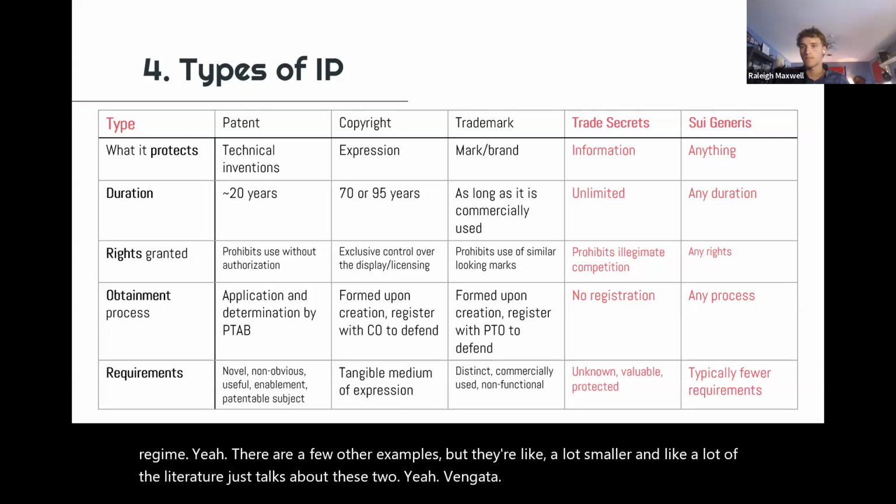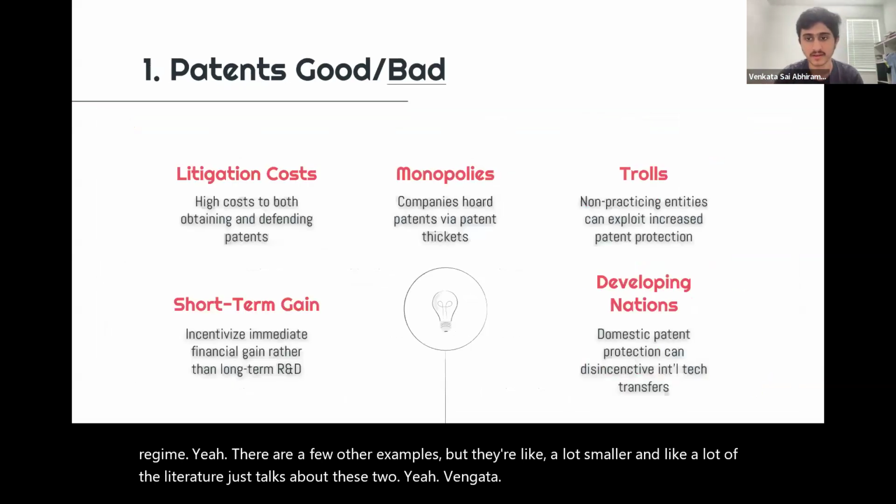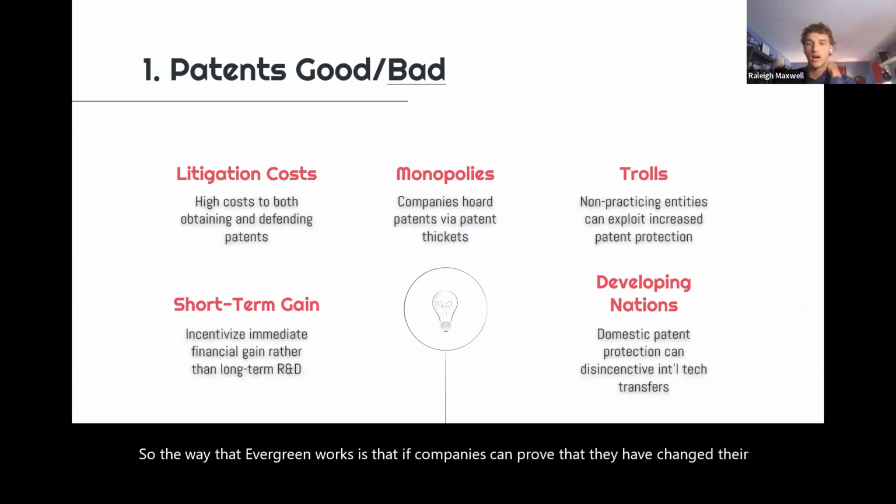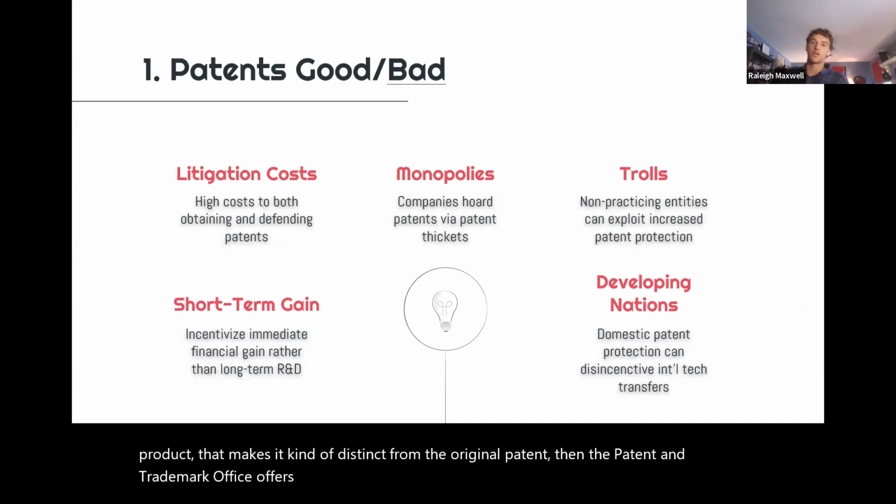Yeah, Venkata. One question I have is about the evergreening stuff. What prevents other companies from just selling the old version? How does evergreening work? So the way evergreening works is that if companies can prove that they have changed their product, making it distinct from the original patent, then the Patent and Trademark Office offers them an extension on their patent.